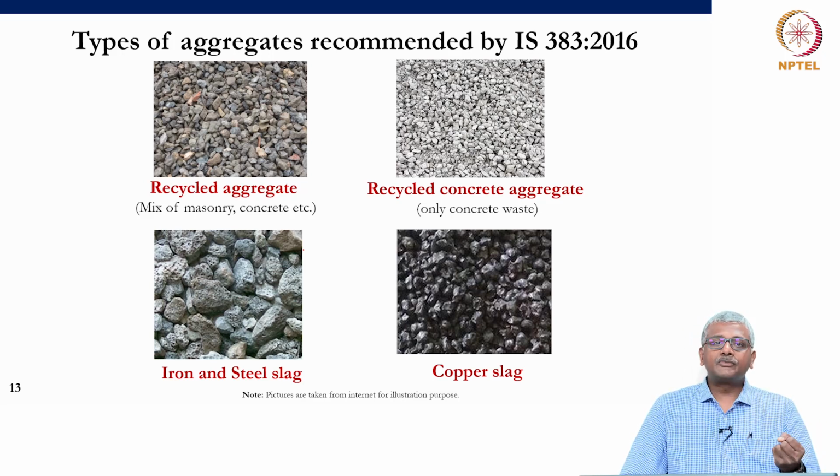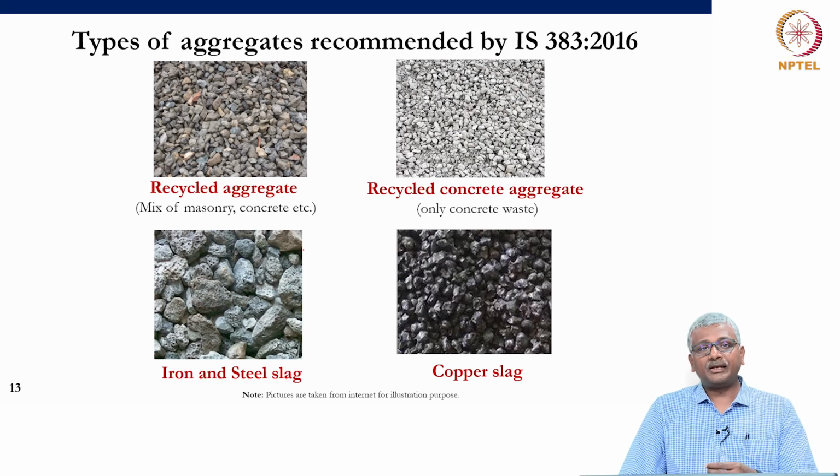This slag that comes out is cooled slowly to make it into a hard rocky material, and then it has to be crushed to a size that is suitable for use in concrete. Again, the difficulty is that there is a lot of iron present in the slag. So, crushing the slag to a size that is capable of being used in concrete can involve a lot of energy input.